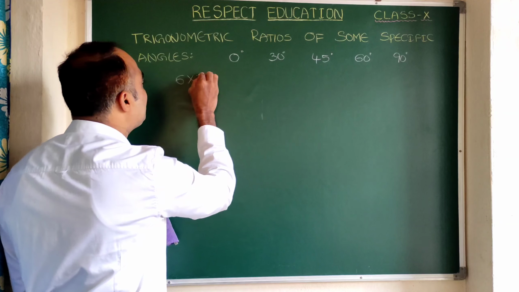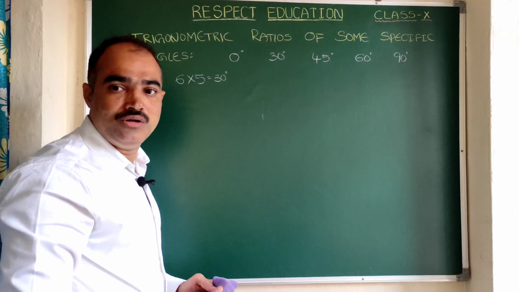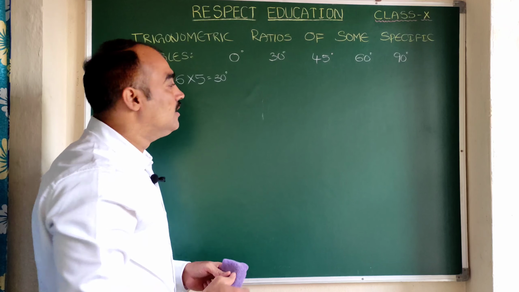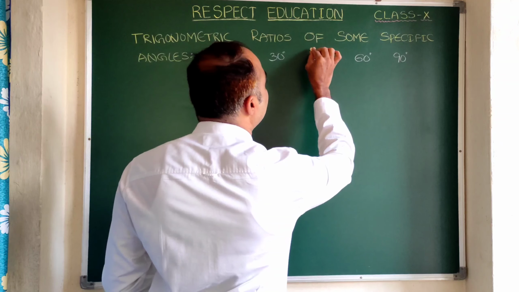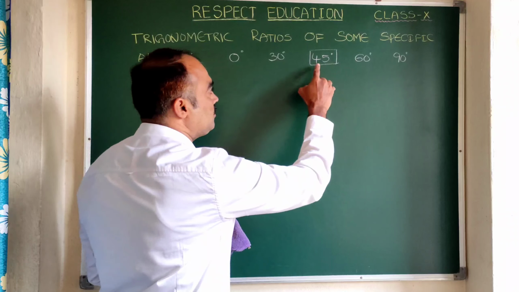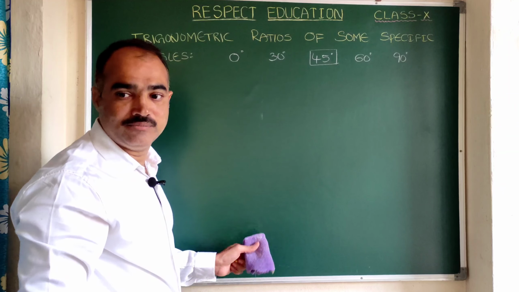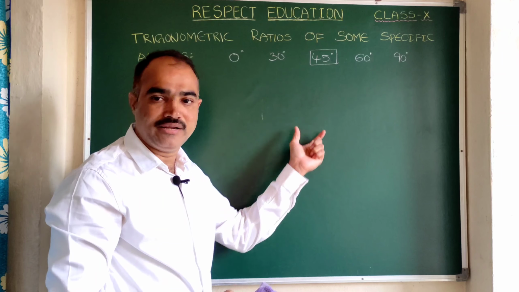So for 6 ratios, 6 5s are 30 values we are going to learn. Is it clear? So out of these, let us start the first one with 45 degrees. So first we learn 45 degrees means sin 45 degrees, cos 45 degrees, tan 45 and the remaining all.